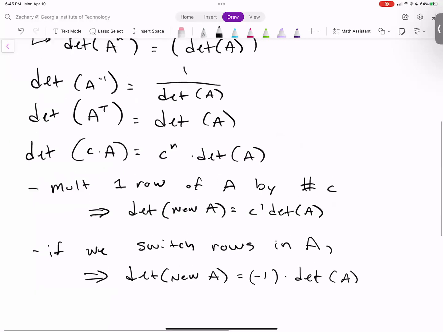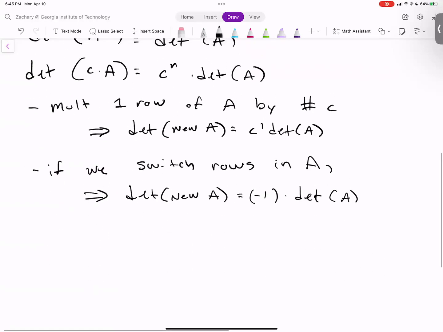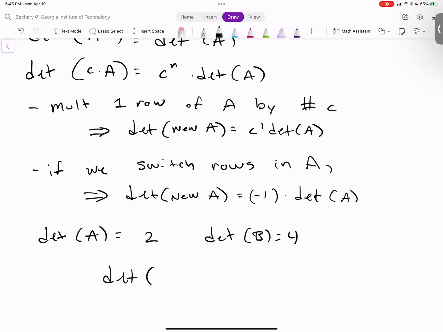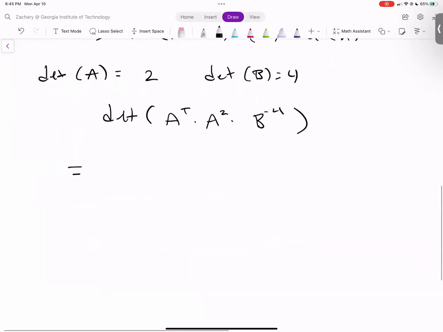One thing to note is one of the questions I know they asked on last semester's exam: given the determinant of A is 2 and the determinant of B is 4, find the determinant of A transpose times A squared times B to the -4th. How do you do this? You first break it up. Determinant of A transpose times determinant of A squared times determinant of B to the -4. This isn't exactly the same question, but that doesn't matter.